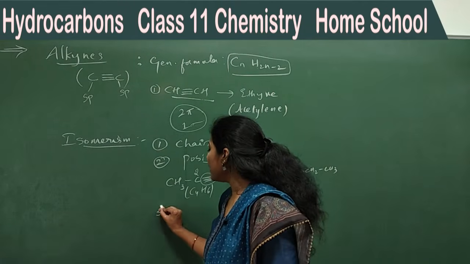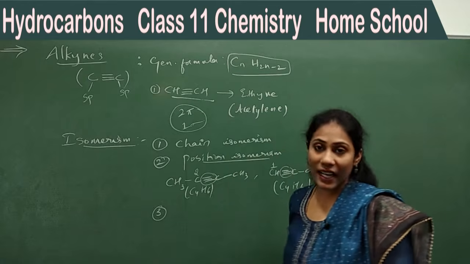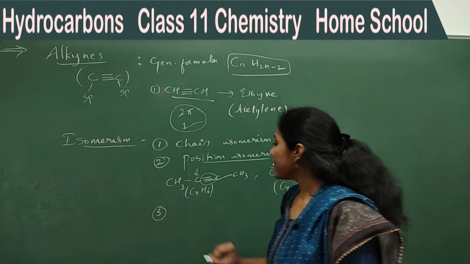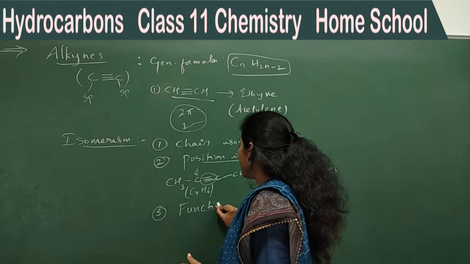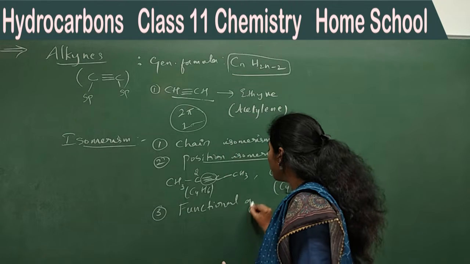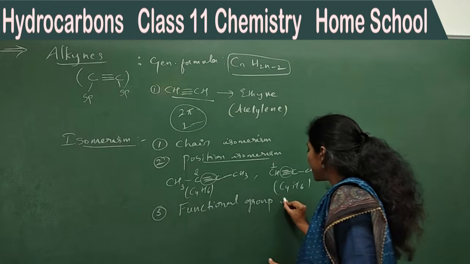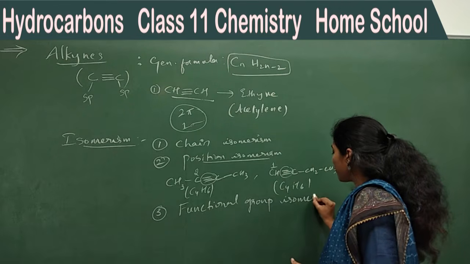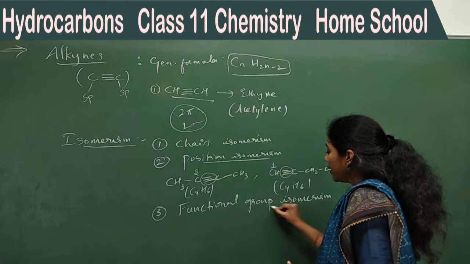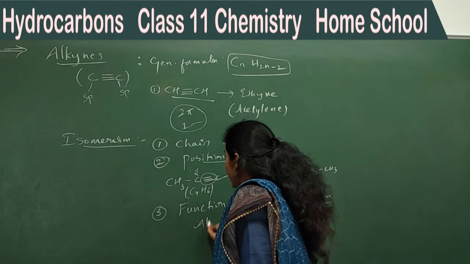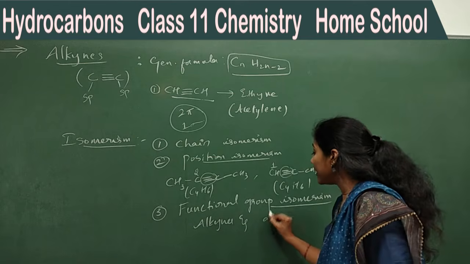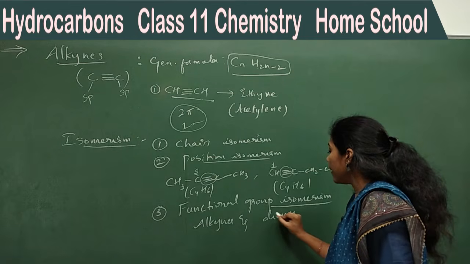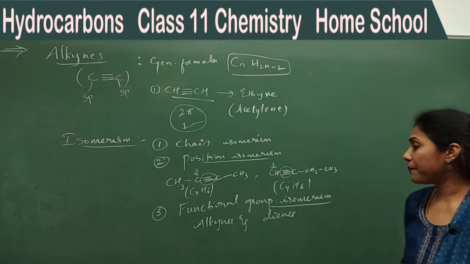Coming to the third type of isomerism that alkynes show, that is functional group isomerism. Okay. See, usually alkynes and dienes become functional group isomers.